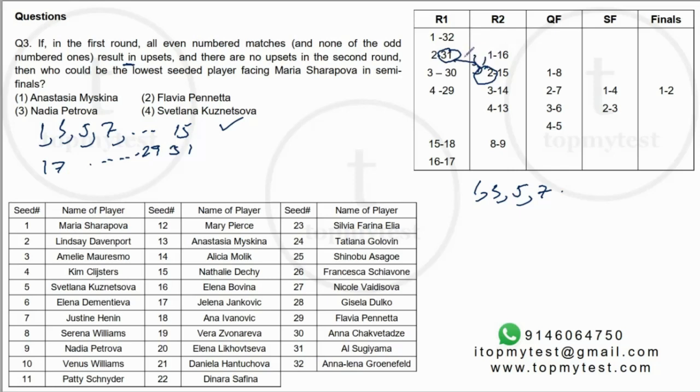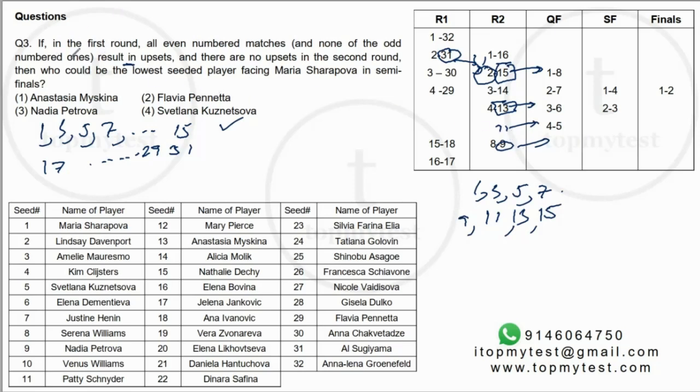So 31 came into round 2, but there are no upsets in round 2. So 31 will lose in round 2, 15 will proceed to the next round. Similarly, 13 will proceed, 11 will proceed and 9 will proceed. So you'll have 7, 15, 13, 11 and 9. These 4 people will proceed to the next round.